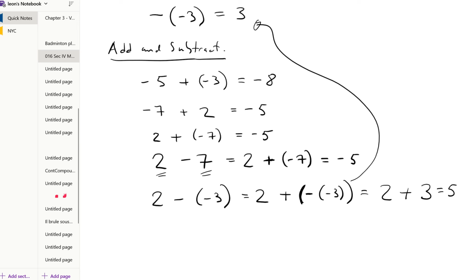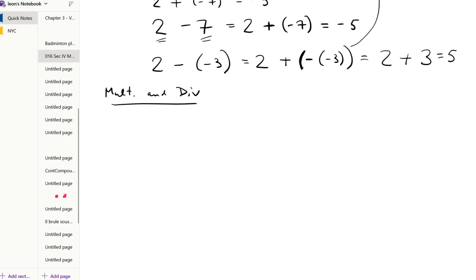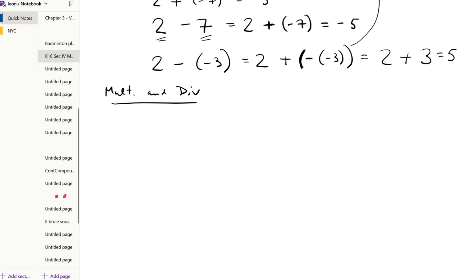Okay, and now multiplication and division. How does that go? If I do 2 multiplied by -3, in this course, when we're going to multiply, usually when there's nothing in between the numbers, it means it's a multiplication.